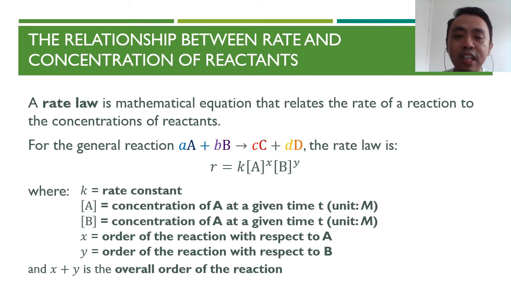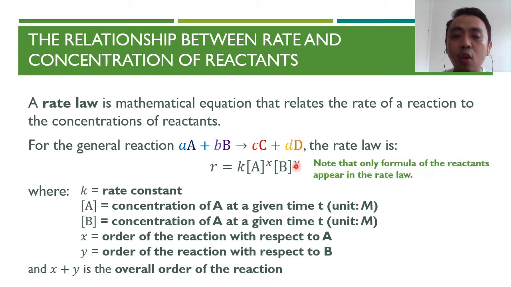Given the balanced general reaction shown on the screen over here, we can write the rate law as follows. So we have R equals the rate constant K times the concentration of A raised to X times the concentration of the reactant B raised to Y. Notice that in the rate law, we do not write the concentrations of the products, only the reactants.